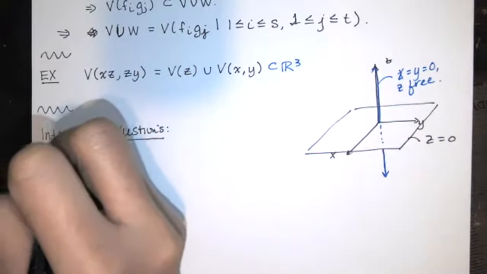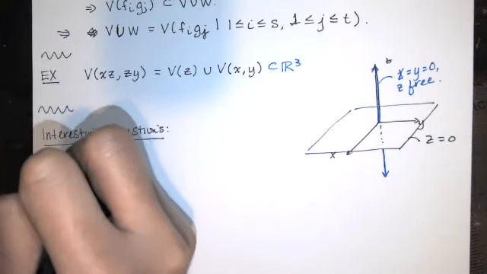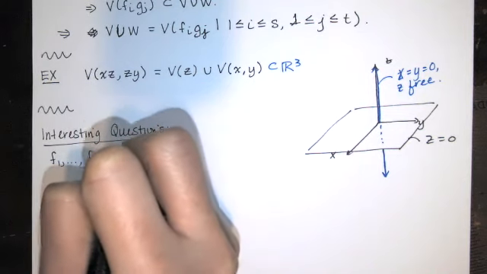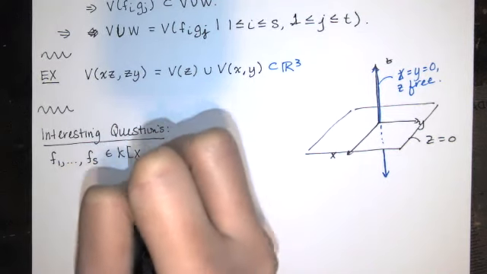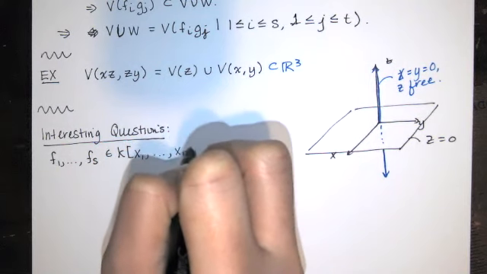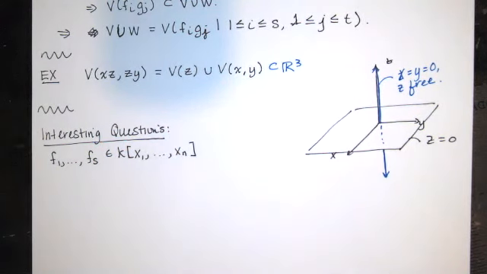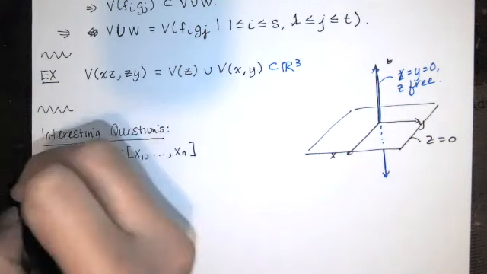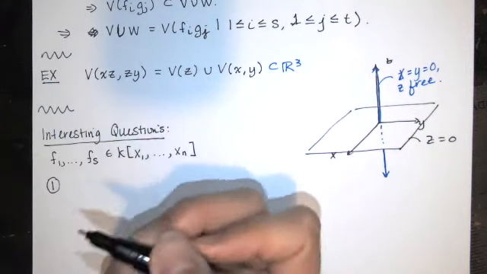So let's say that we've got S polynomial functions in this polynomial ring. They depend on the variables x of 1 through x of n, and the coefficients of those polynomials lie in a field K. We might be interested in these three questions.